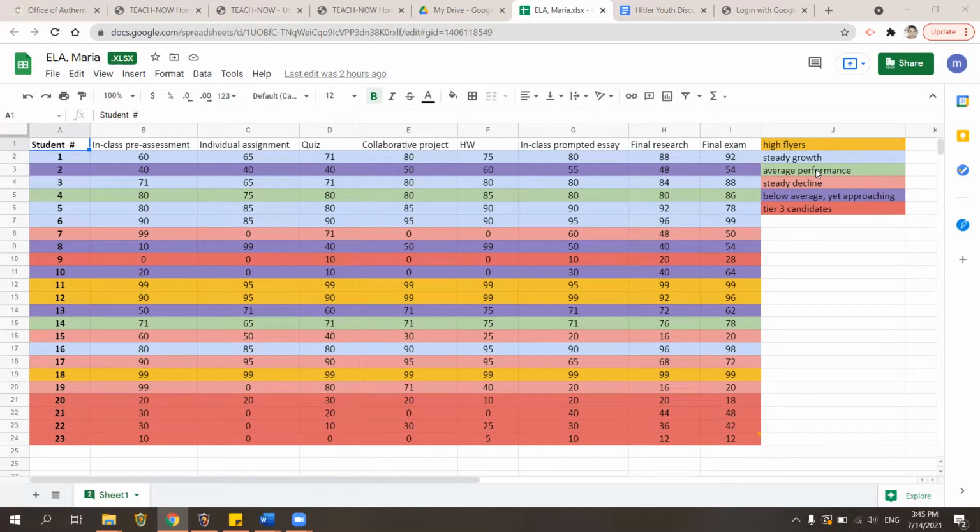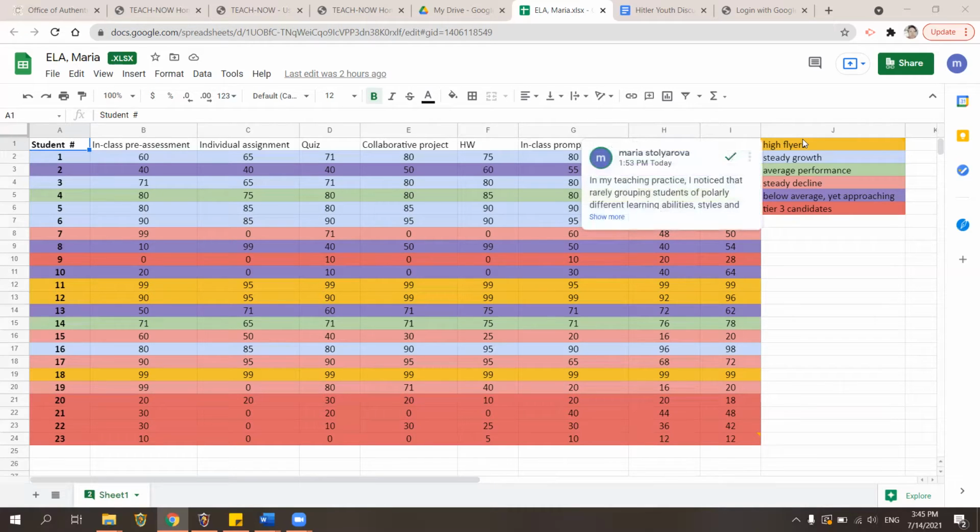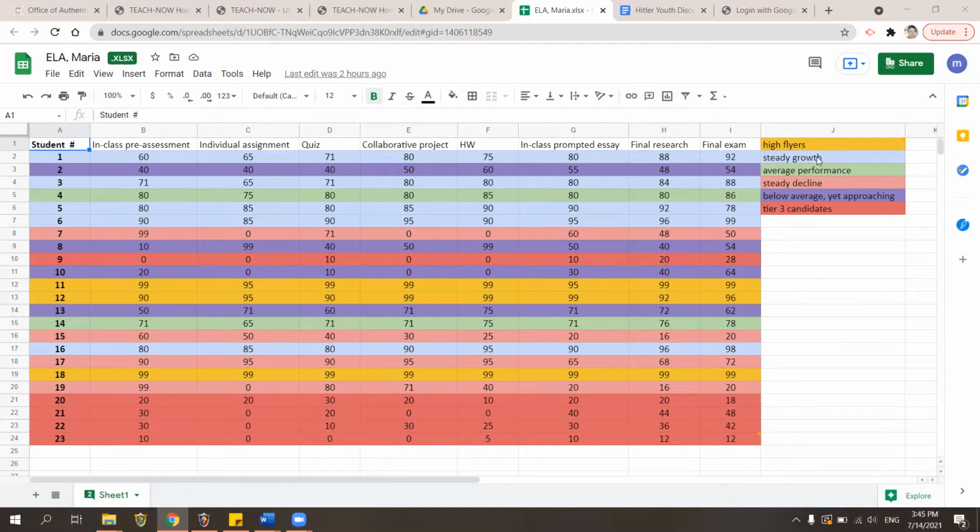Let's say if we are aiming at dividing class for activities in groups of 3-4 students, I would probably combine one high flyer, one student who steadily grows, one average performer, and maybe one of the 3 below.